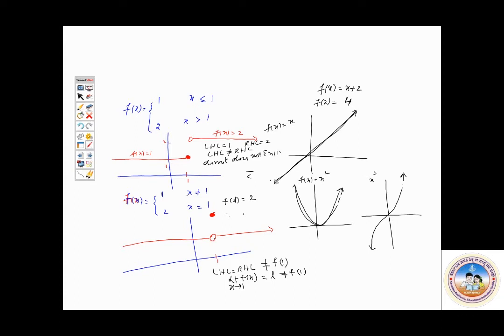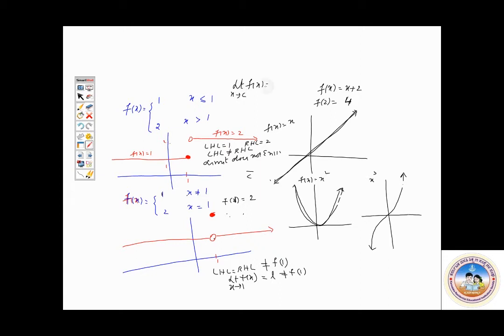Therefore, taking all this into consideration, when do you say that the function is continuous? A function at a point c is continuous if it satisfies the condition limit of f of x as x tends to c is equal to f of c. This is the condition for a function to be continuous at a point c.